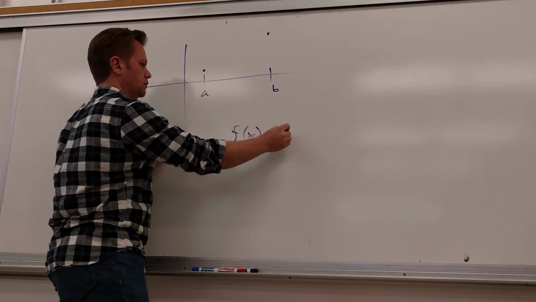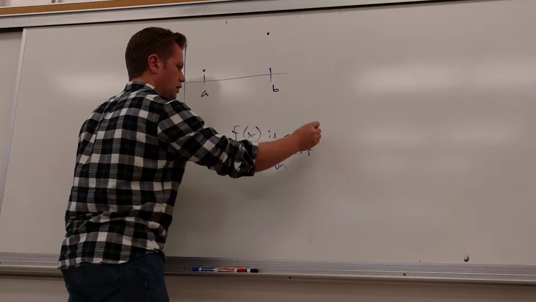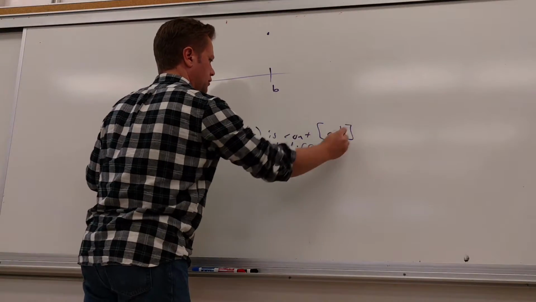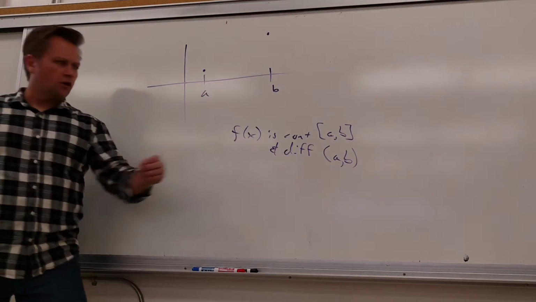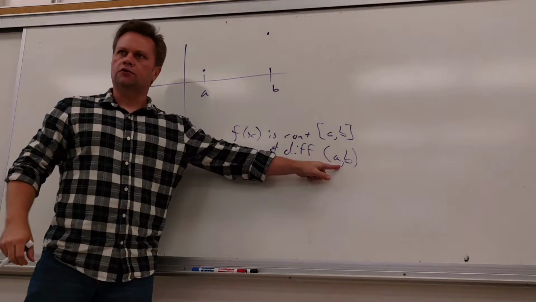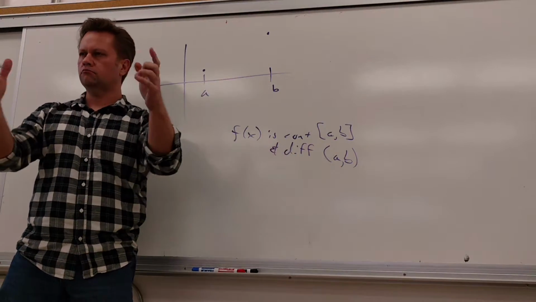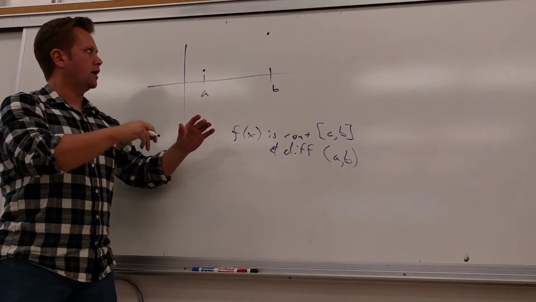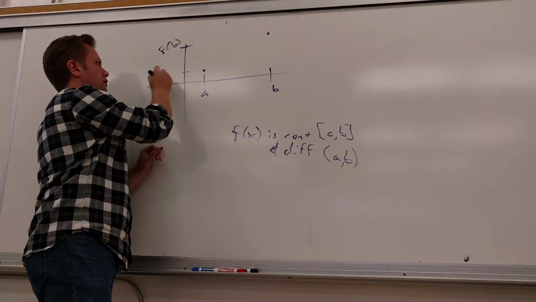The function is continuous and differentiable. Continuous on AB, differentiable on AB. We're almost always a little more stringent on this, a little less stringent on that. See how it doesn't have to be differentiable at the endpoints, right? It's a normal thing we do. So here's f of B. Here's f of A.